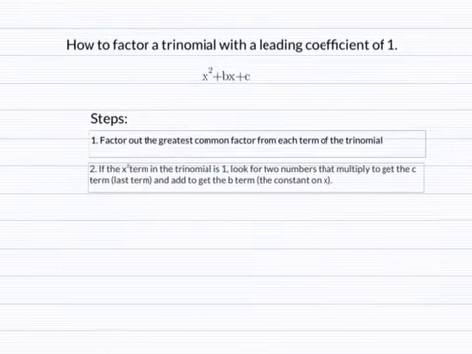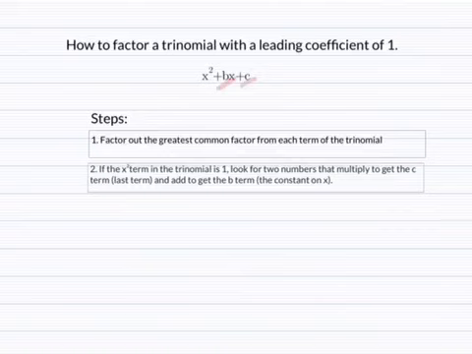Okay, so step 2 says if the x squared term in the trinomial is 1, look for 2 numbers that multiply to get the c term, which is our last term here, and will add to get to the b term, which is the constant that is on x.